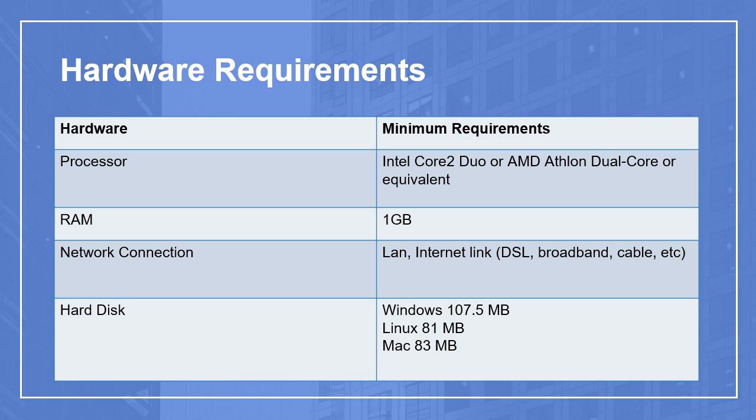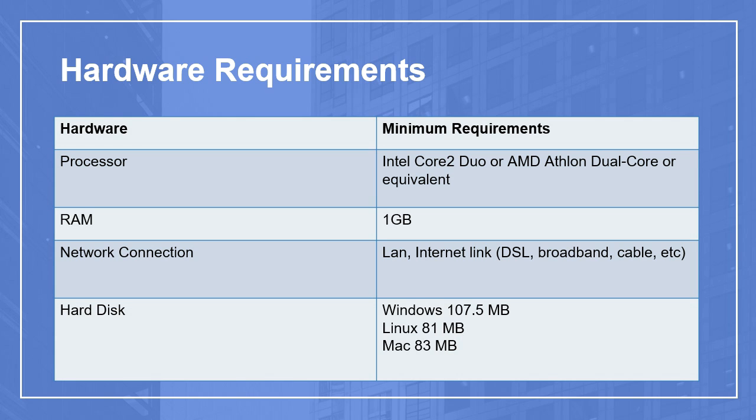As for the storage, the available platforms are Windows, Linux, and Mac. They all have different sizes for the storage. So depending on which one we're using, for instance, for this demonstration, I'll be using Windows. So I will be needing 107.5 MB.